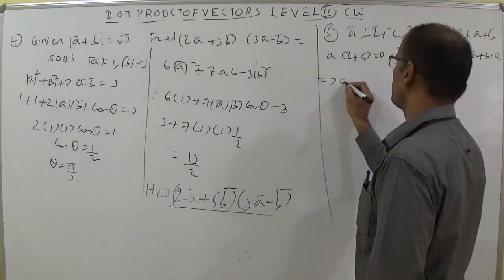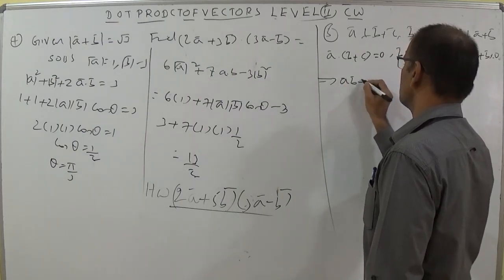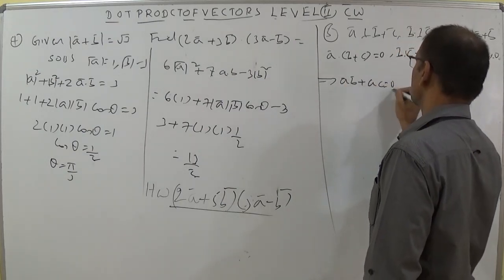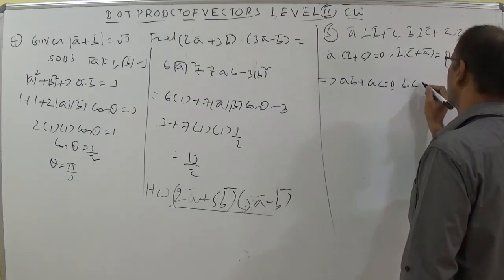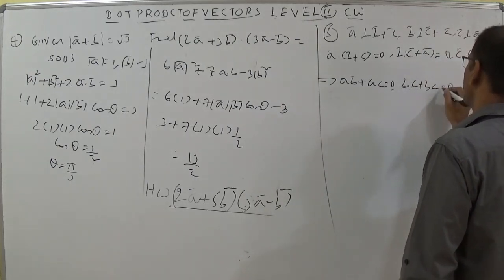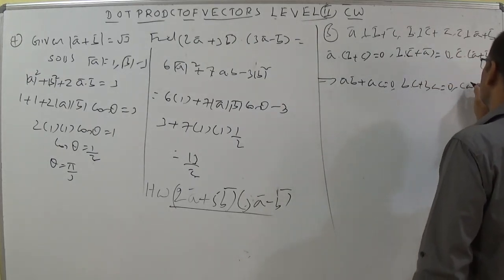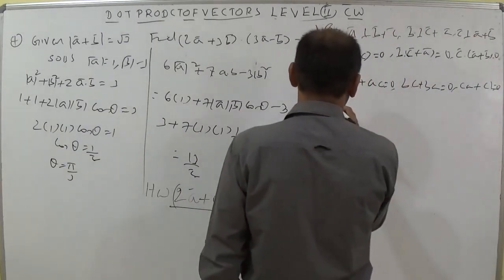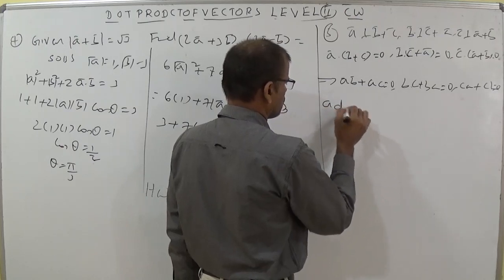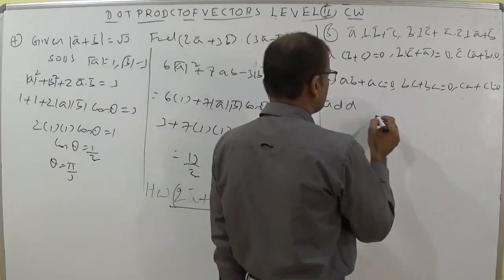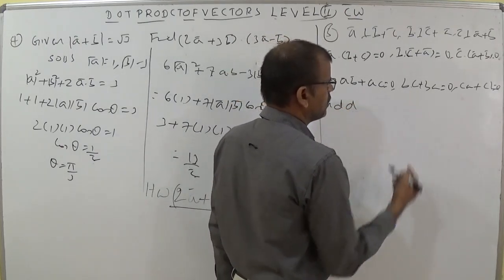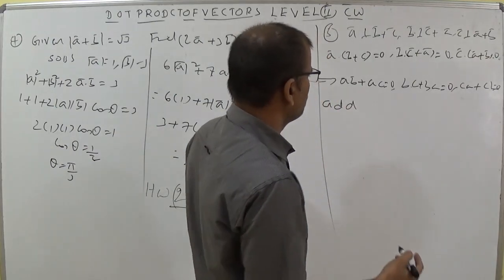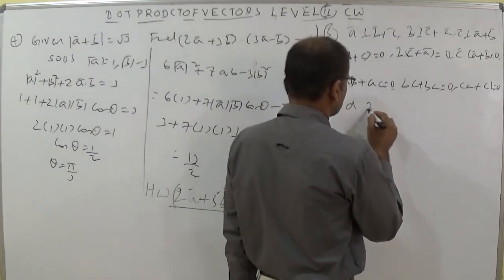You can write this one as AB plus AC equal to 0. So everything here. BC plus BA equal to 0, CA plus CB equal to 0. If you add all these things, the value you can get 2AB, 2BC, 2CA like that you will be getting.